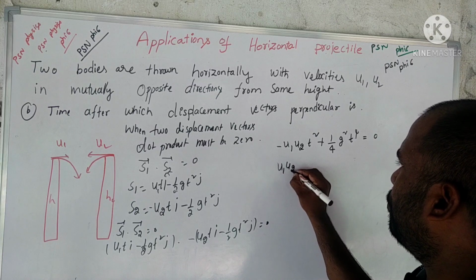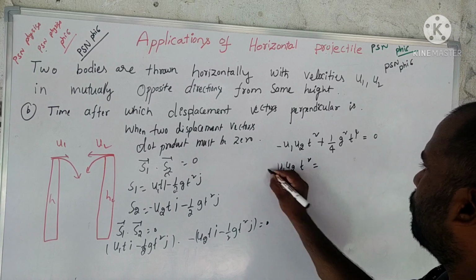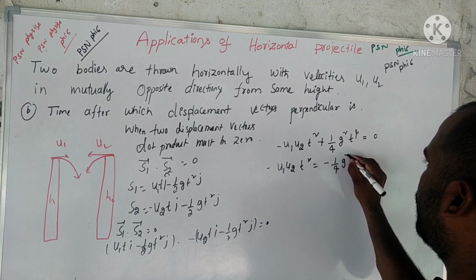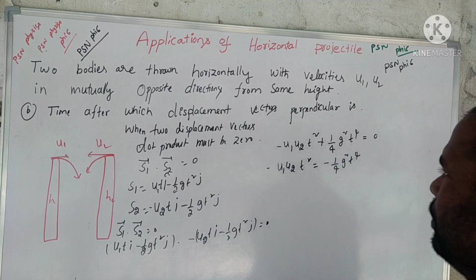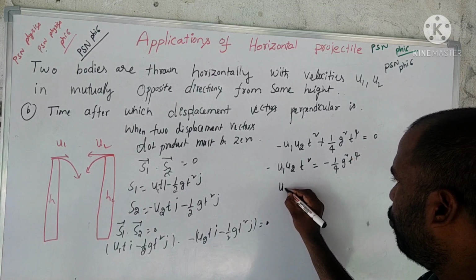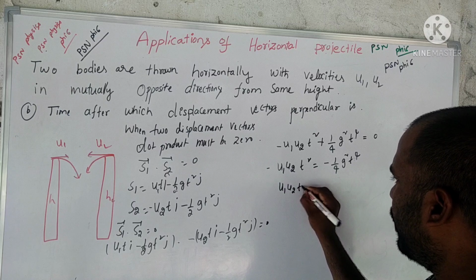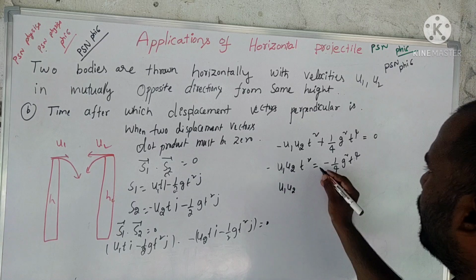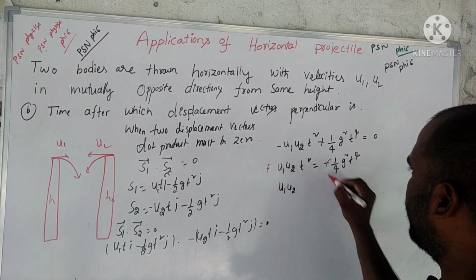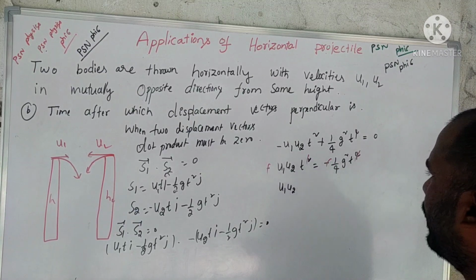u1 u2 t square is equal to minus 1 by 4 g square t power 4. Minus minus also cancel, and t square also cancels.